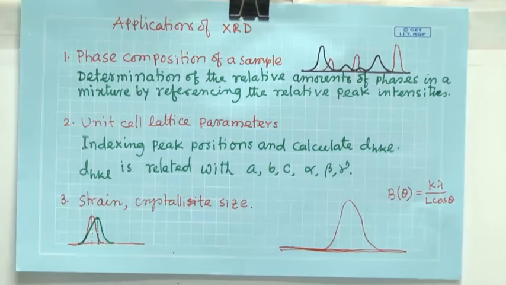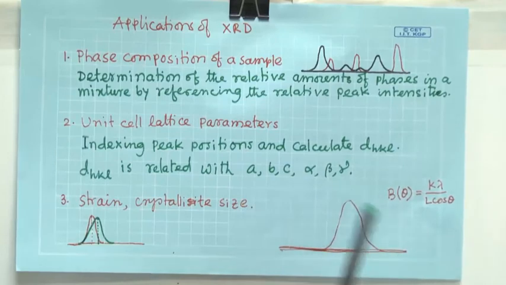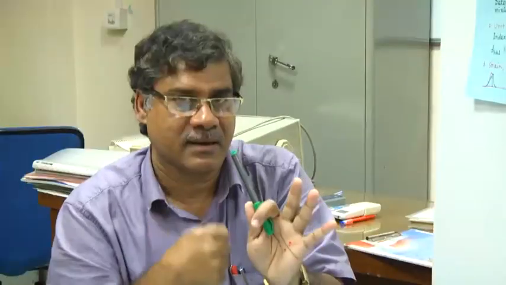If it is polycrystalline, the grain size will be smaller, L becomes smaller, and the broadening will be higher. For a polycrystalline sample, the crystallite sizes are limited, so we get peak broadening. Measuring the peak broadening, one can estimate the crystallite size from this formula.